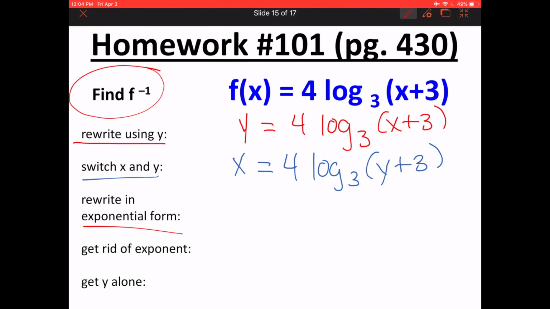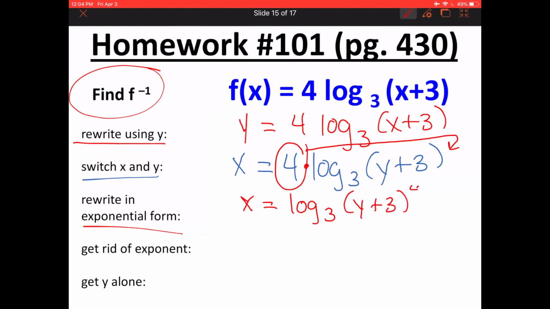Okay? Now, before we do that, keep in mind, this 4 times log base 3, I'm going to move this to my exponent. So I'm really going to have x equals log base 3 of y plus 3 to the power of 4. So now I don't have that 4 in the way when I rewrite this in exponential form.